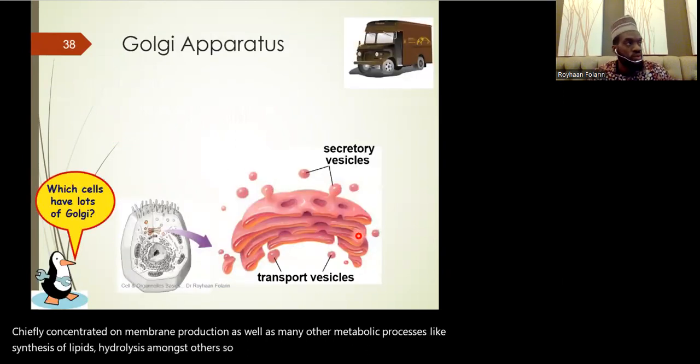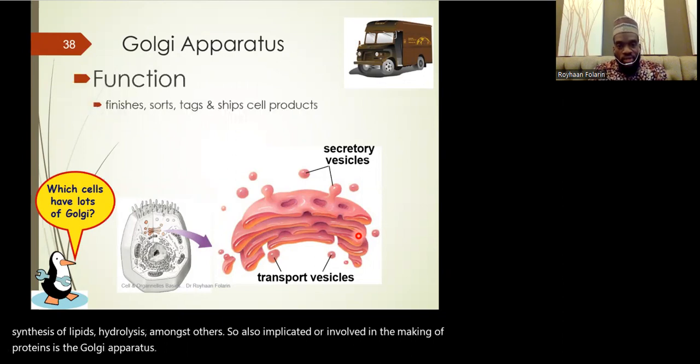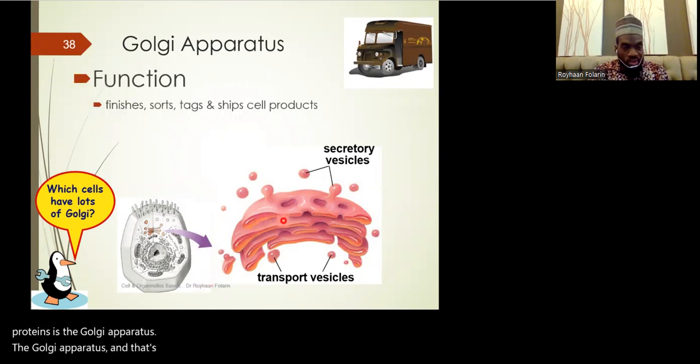So also involved in the making of proteins is the Golgi apparatus. The Golgi apparatus, and that's what you see illustrated here.